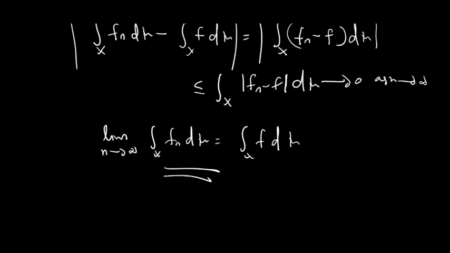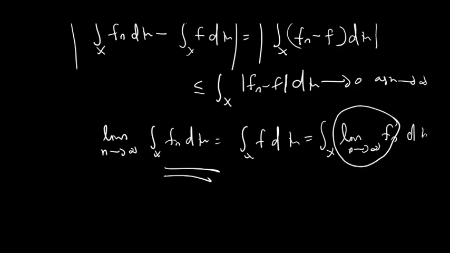What is this conclusion? We can interchange limit and integral. The limit as n tends to infinity of the integral over X of f_n dμ can be written as the integral over X of the limit as n tends to infinity of f_n dμ.